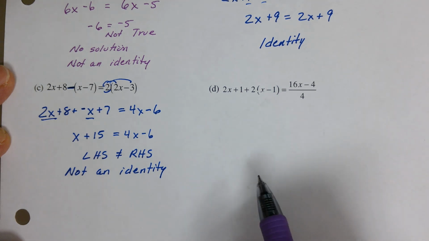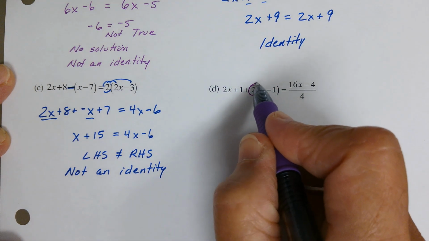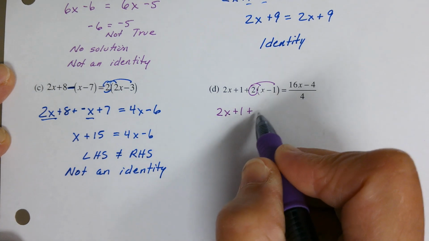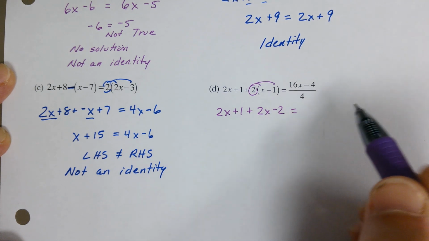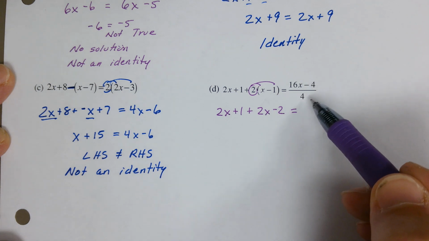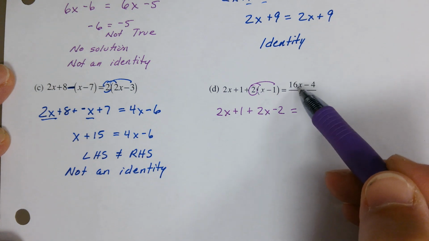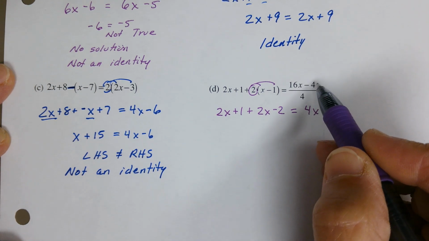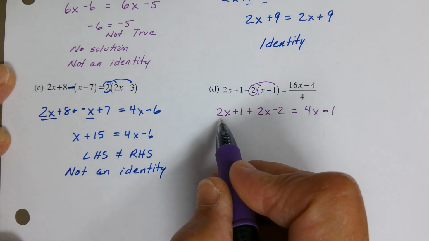And D, distributing 2 over this parenthesis, we have 2x plus 1 plus 2x minus 2 equal to, okay, so here we have another fraction, but both terms of the numerator are divisible by 4, so 16x divided by 4 is 4x, and negative 4 divided by 4 is negative 1.